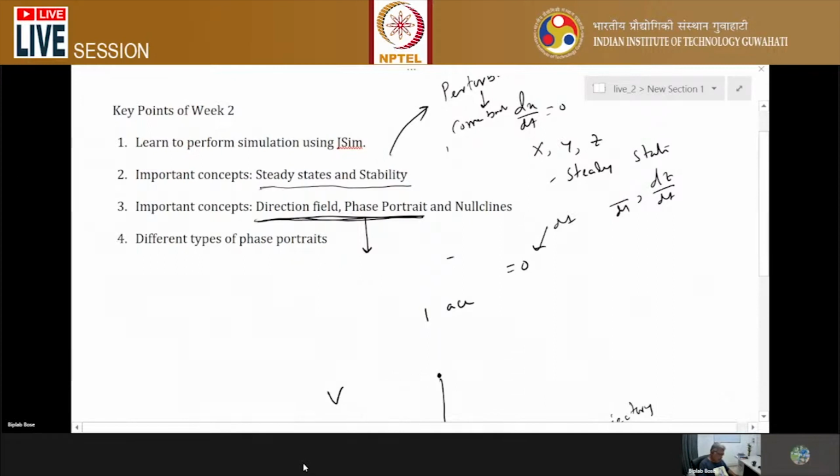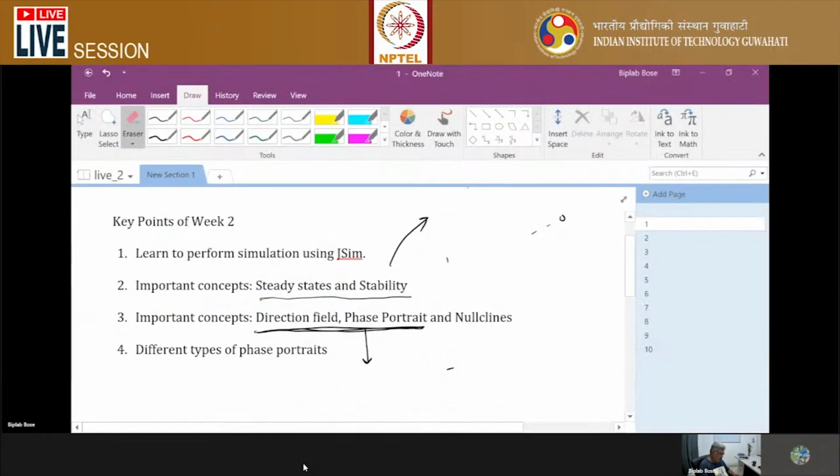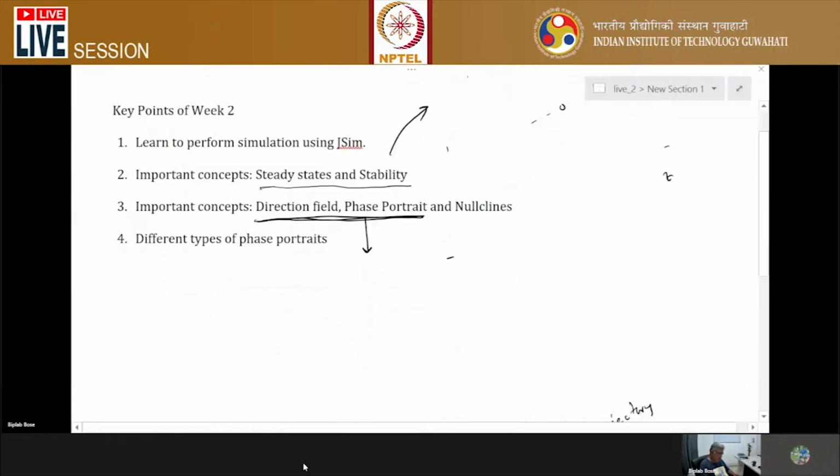So the last point that I want you to focus on for this week's lectures is the different types of phase portraits. In general, steady states are of two types, stable and unstable, as simple as that. But in the two-dimensional case, you get subdivisions of those, with interesting names and patterns.